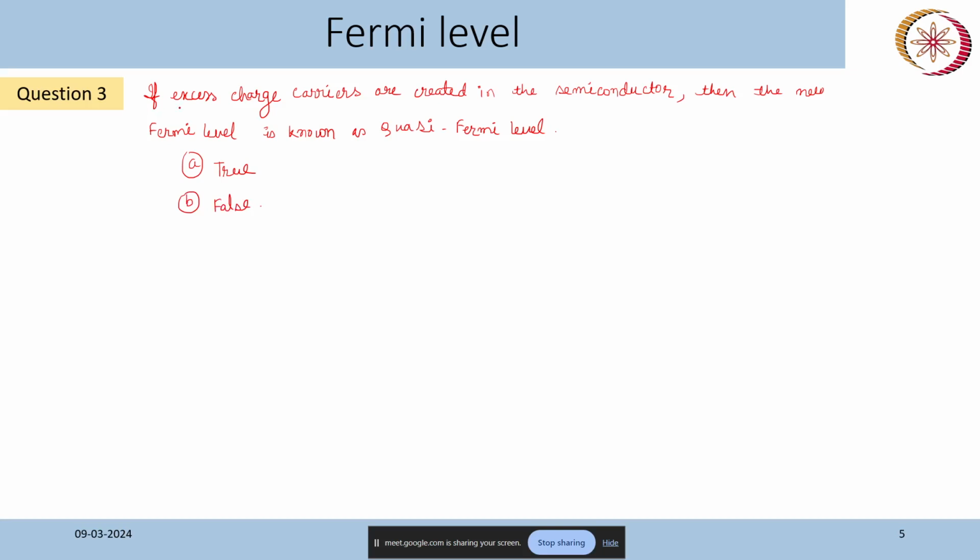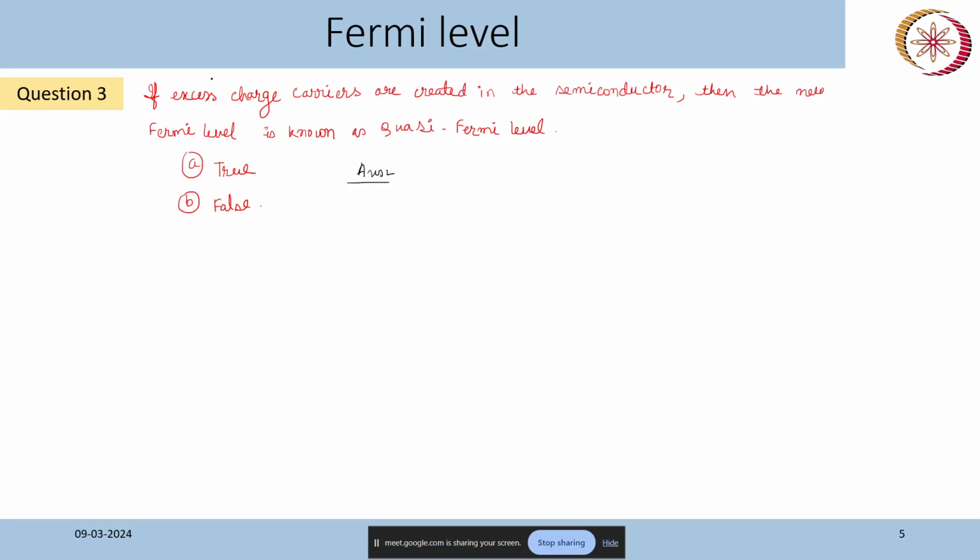So the question is, if excess charge carriers are created in the semiconductor, then the new Fermi level is known as quasi-Fermi level. Is this statement true or false? The answer is, it is true.